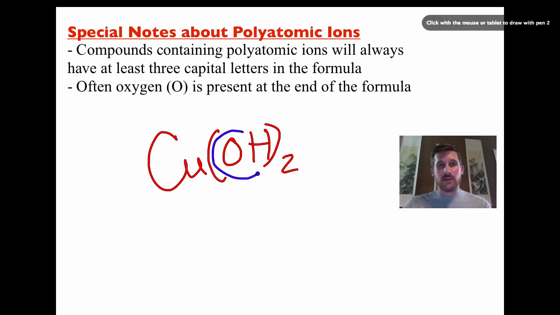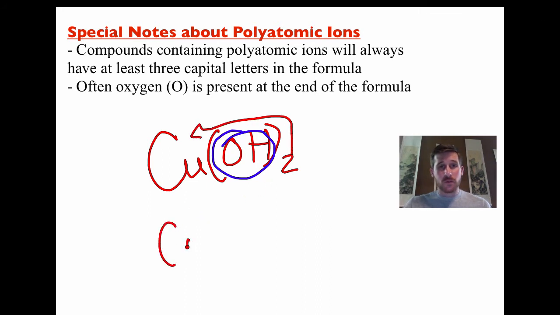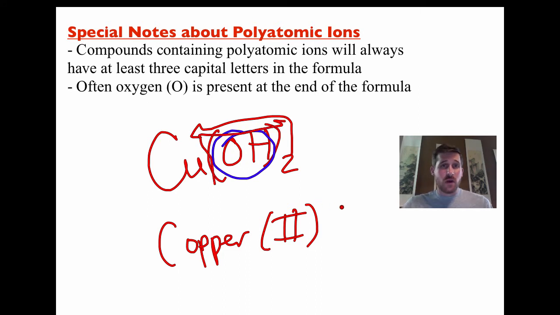So this is hydroxide. If I do my lift and switch, I know that this was copper 2. So I'm writing the name here. And then hydroxide, if I did the lift and switch from the copper, I know it was -1. So that's just telling me the charge on hydroxide, but I just name the polyatomic ion when I'm writing the name. Hydroxide.